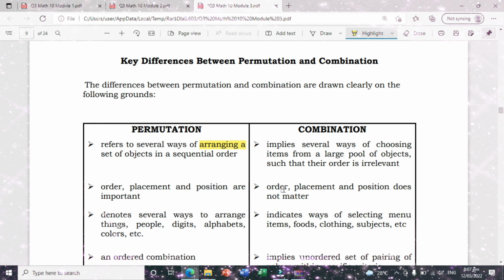So syempre, order is important. Sa combination naman, you are just choosing or selecting. So it doesn't matter kung ano yung nakuha mo una. So order, placement, and position are important. While dito naman, order, placement, and position do not matter. O yan.